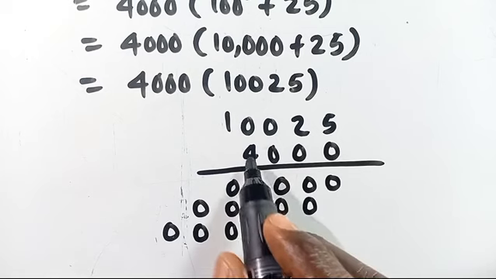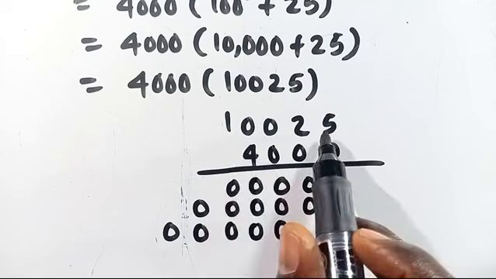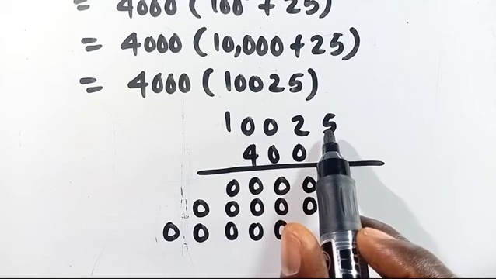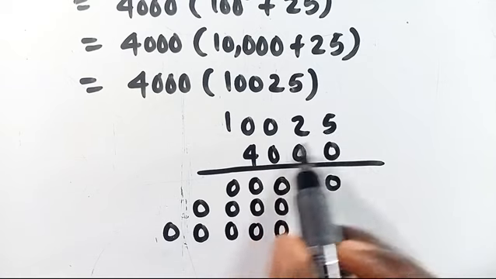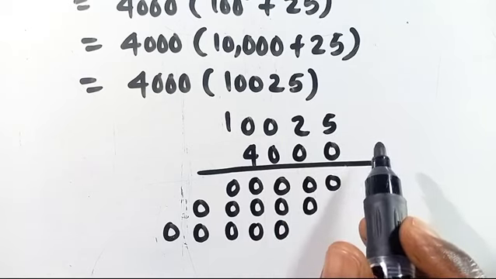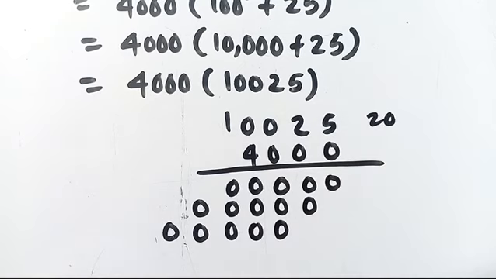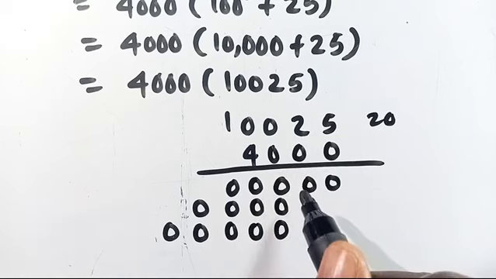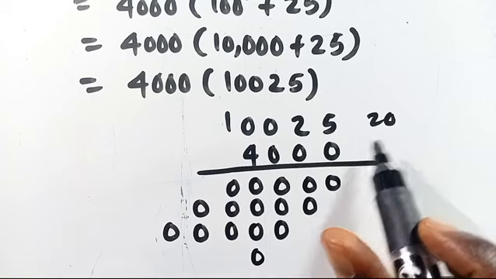Now 4 times this. 4 times this one, so we have here 4 times 5, that's 20. We have here 20, we take 0 from here.